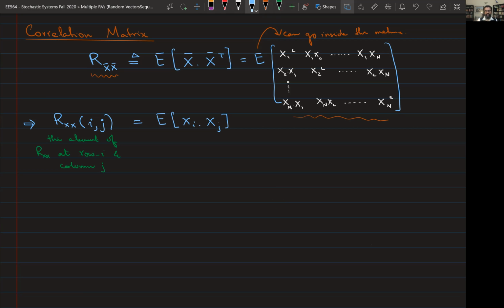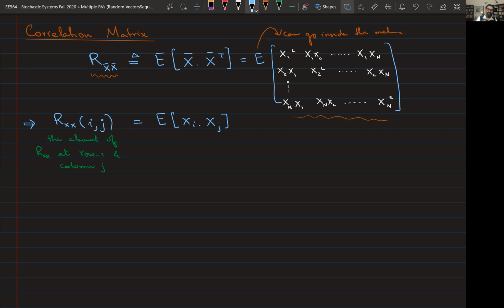So this is important. The correlation matrix is a collection of these correlations between pairwise random variables. It's a pairwise correlation between each and every element inside the random vector x. Okay? That's what a correlation matrix tells you. For example, if x1, x2, x3 is a random vector, the correlation matrix tells you: what is the correlation of x1 with itself?